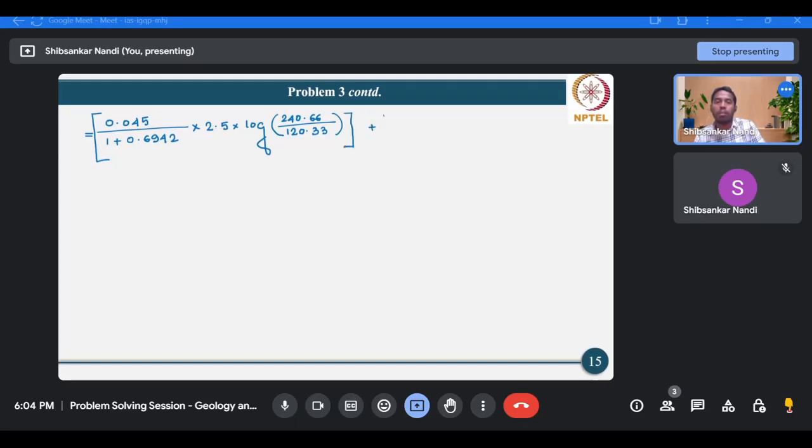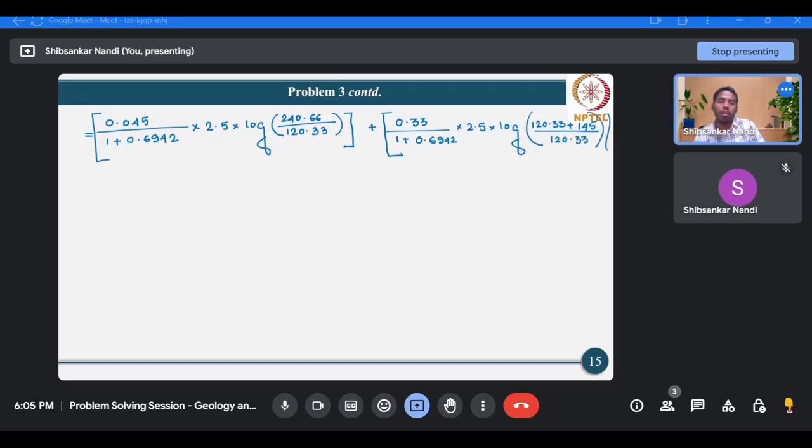Then coming to the second part, it's 0.33 divided by 1 plus 0.6942 multiplied by 2.5 multiplied by log of 120.33 plus 145 divided by 120.33.